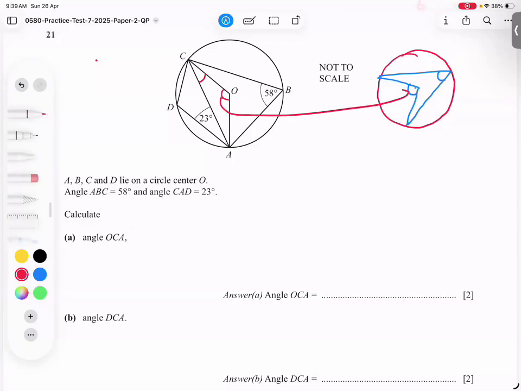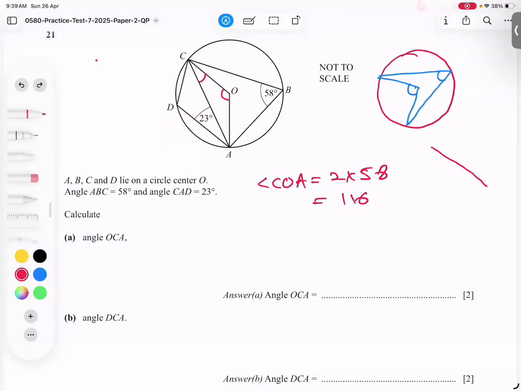So first of all, I'll find angle COA. Angle COA is double of 58. 2 times 8 is 16, and 10, 11, and 16, so this is 116. This triangle, students, I'm going to make separate.